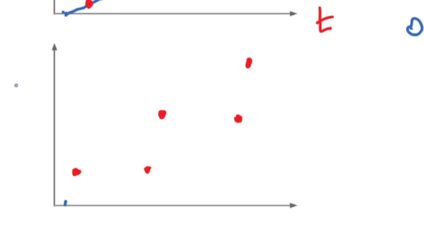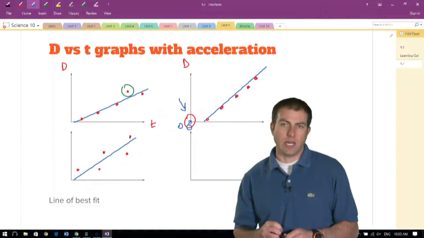Sounds kind of weird, but you want your line to be representative of all your points. So in this case, I have 3 points above my line, 2 points below my line. My line's a little bit closer to these guys up here on the top just because it's kind of an average, but it doesn't go through any of my points, which is fine as well. But that line represents that data set as best as you can.